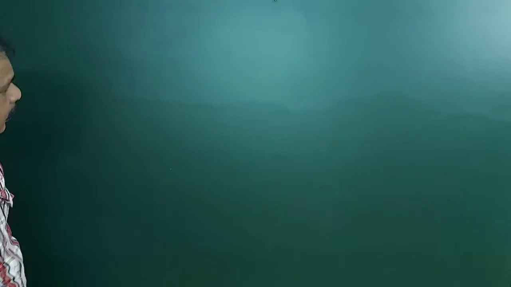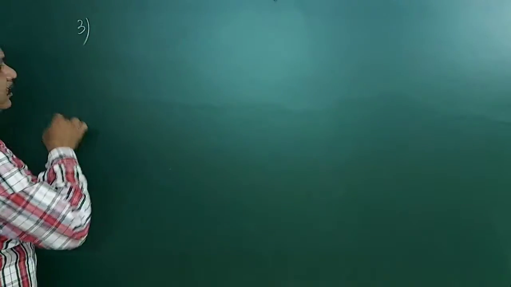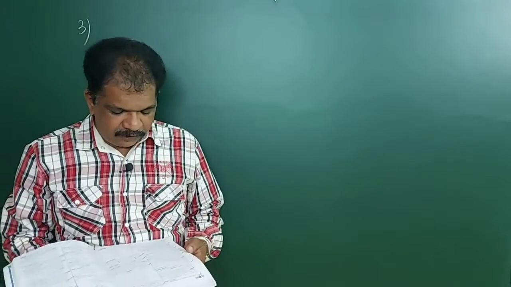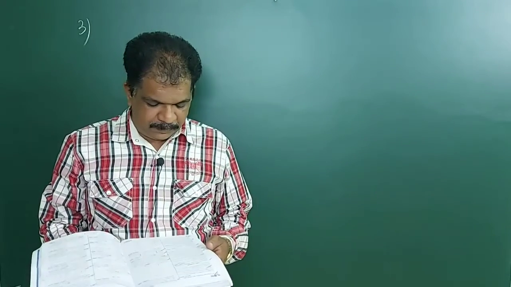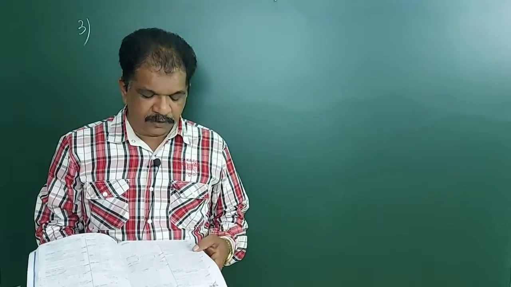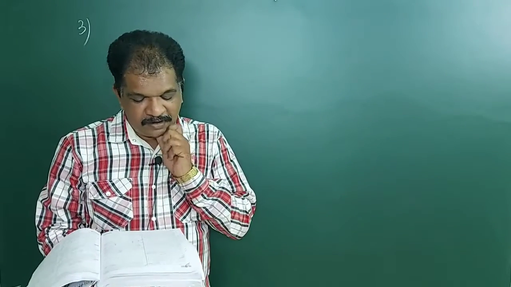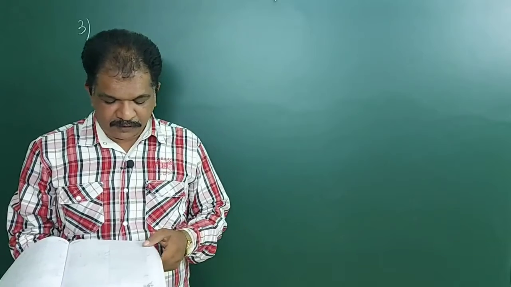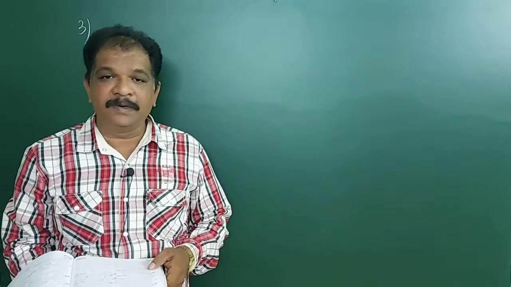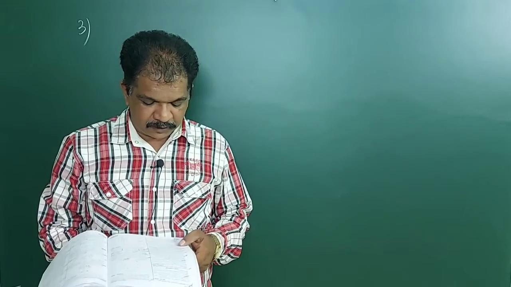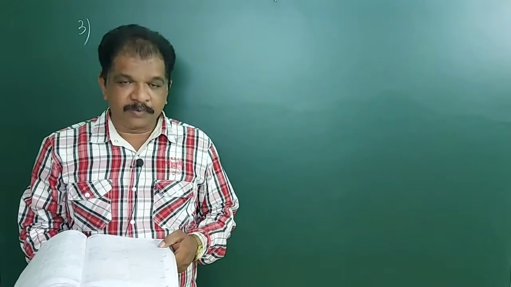Next. Third question, you see what they are asking. Application of a forward bias to a PN junction. If the PN junction diode is in forward bias, what will happen? Widens the depletion zone? No, it narrows the depletion zone. First option wrong. Increases the potential difference?